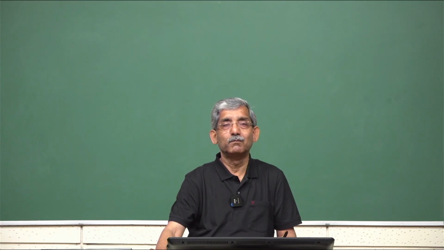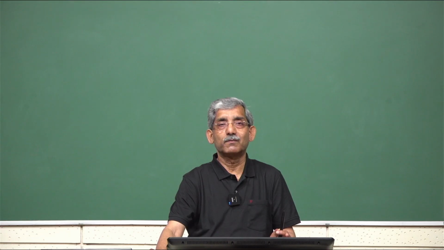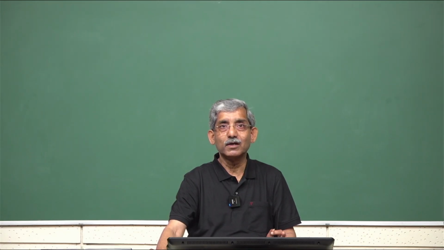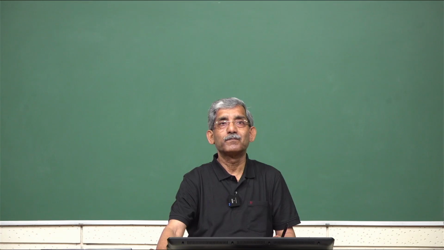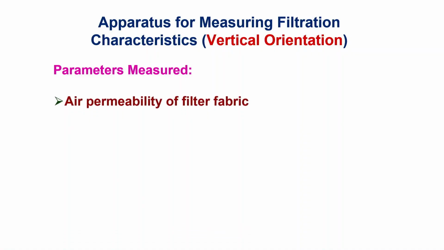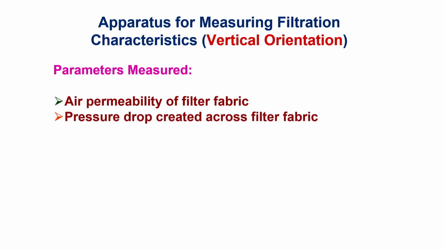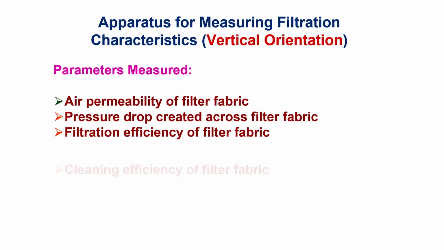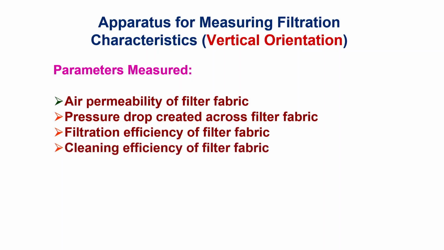We have developed an instrument for gravimetric measurement with a vertical orientation, where we can measure the air permeability of filter fabric, the pressure drop created across the filter fabric, the filtration efficiency of the filter fabric, and the cleaning efficiency.